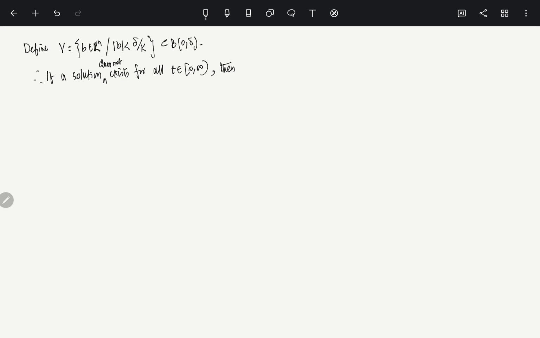Then x(t), the trajectory, cannot be contained, does not belong to B(0, delta) bar for all t. You cannot contain the trajectory for all t. Essentially what it means is x(t) must leave the compact set. So let me put it this way: x(t) must leave B(0, delta) bar.